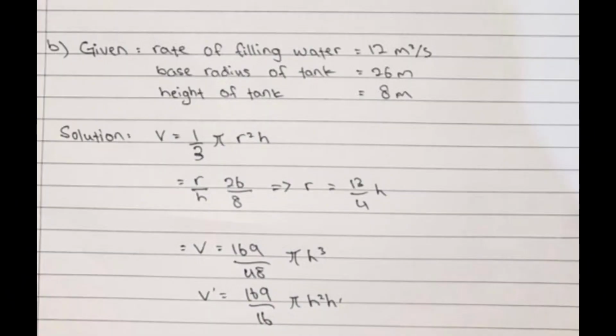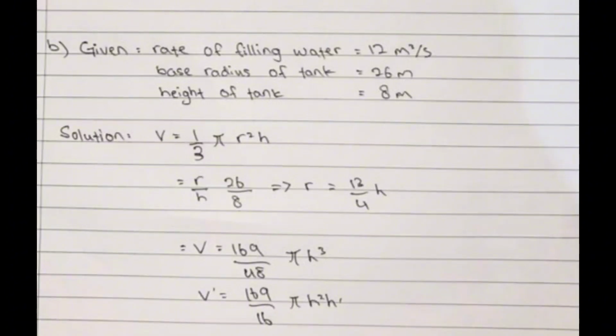The second question is, at what rate is the depth of the water in the tank changing when the radius of the top of the water is 10 meter? Given rate of filling water 12 cubic meter per second, base radius of tank 26 meter, height of tank 8 meter.